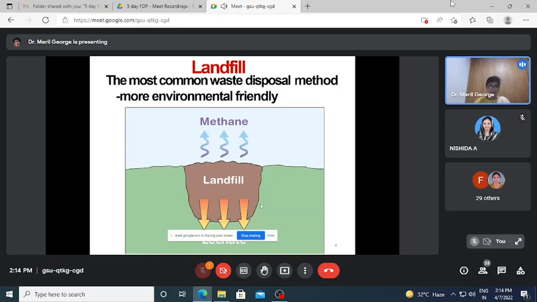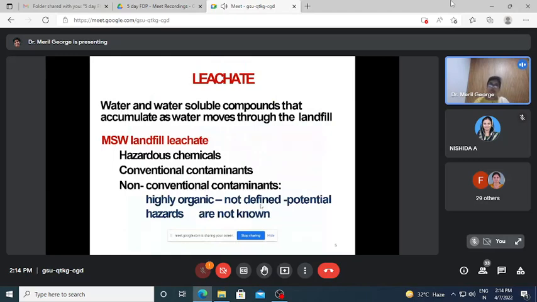So when we consider the landfill, it will generate leachate. As we know, leachate is water and water soluble compounds that accumulate as water moves through the landfill.